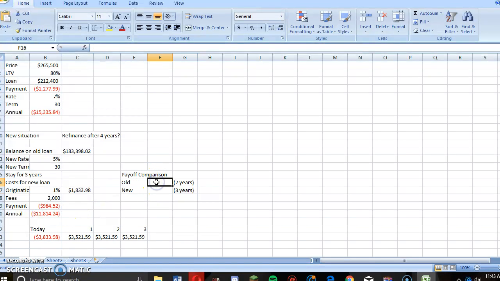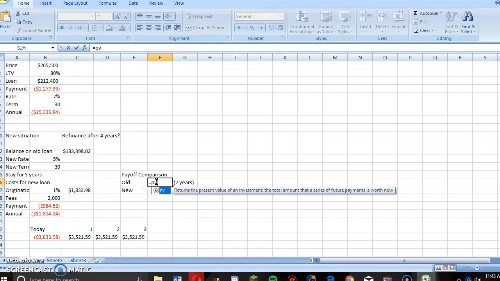Okay, so we want to figure this out. So we're going to do the present value of the old rate, which was 7%, which is B5. And we're going to divide that by 12. And then we want to do 30 minus, because, you know, the term is 30. We're going to do 30 minus 7 because that's how many years that we've done it now.